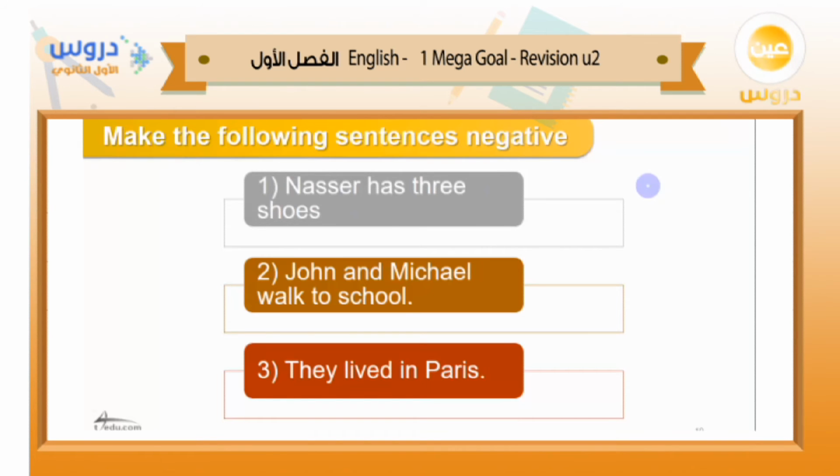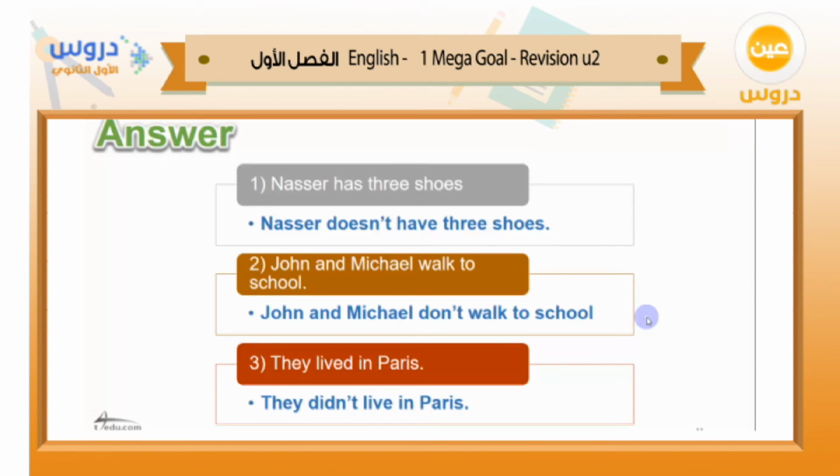Now make the following sentences negative. All right? Nasser has 3 shoes. John and Michael walk to school. They lived in Paris. All right. Nasser has 3 shoes.